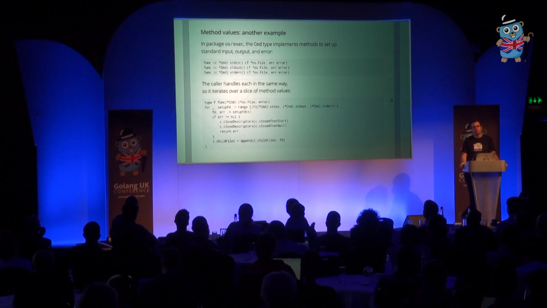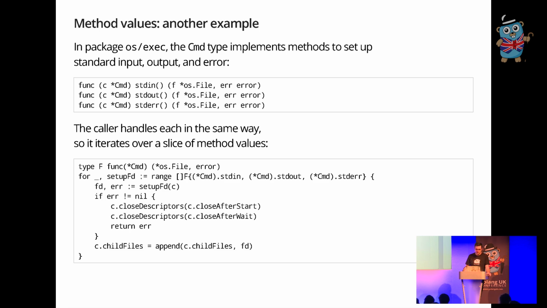This is another example from the standard library internals. The exec package has a bunch of methods to set up standard input, standard output, and standard error on processes that are executed. And the setup is different in each case, but the cleanup is the same for each of them. And so when the command is being set up for execution, we have this range loop over a slice of function values.